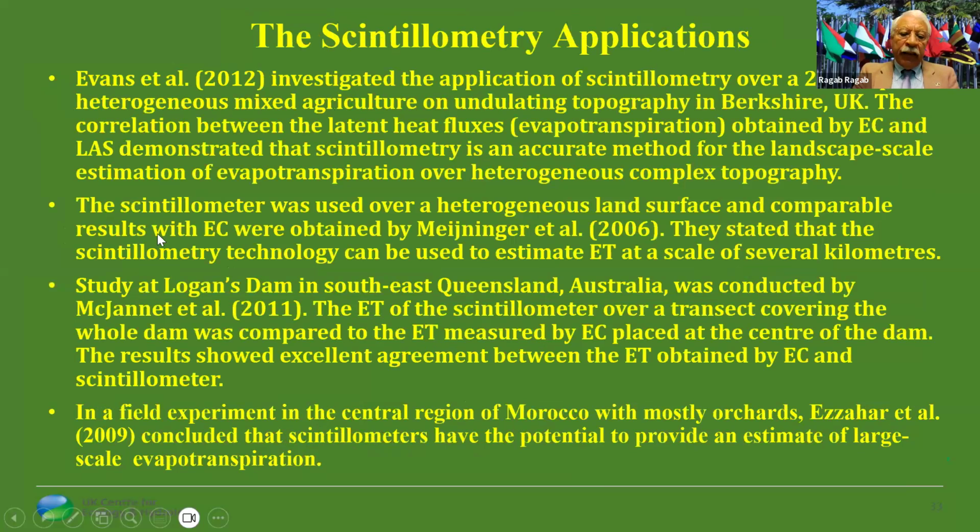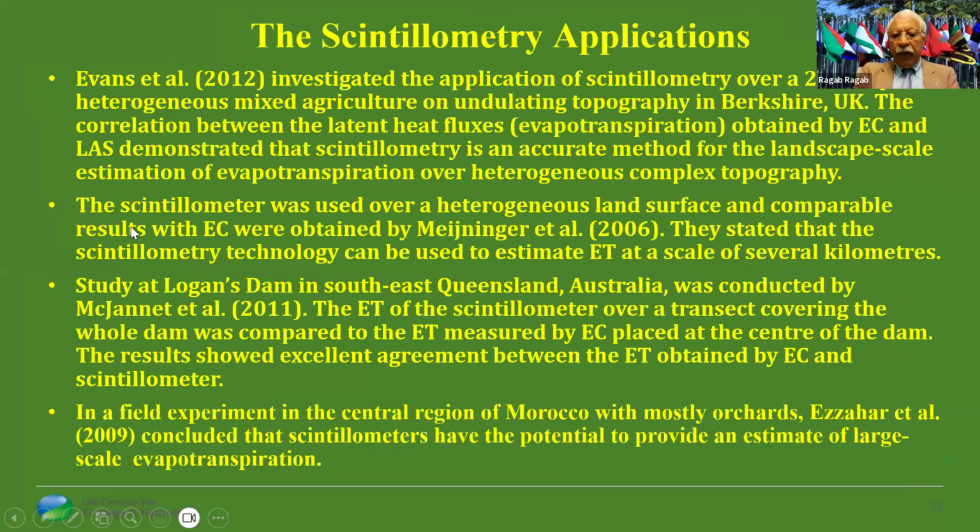The applications we had before: my colleague, Jonathan Evans, tried that on an area of 2.4 kilometers in southeast UK, in Berkshire. And he found, when compared with the Eddy Covariance, there is a good agreement between the two.